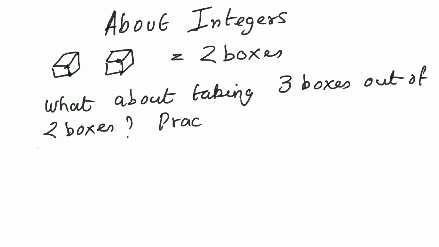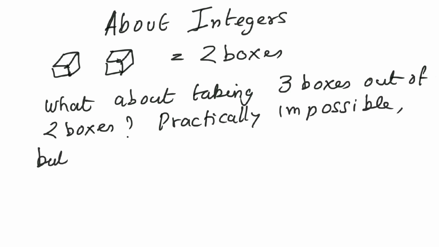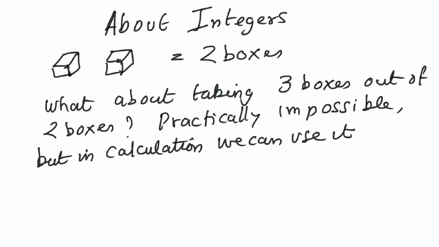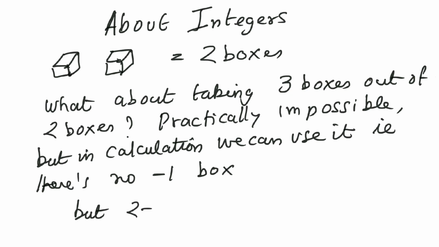So if we can extend the number line to something like negative numbers, it is practically impossible, because 2 minus 3, that is minus 1, is such a box. You can't call a box minus 1 box, because such a thing is simply impossible. But in a mathematical operation, extending the number line to the negative side, we can have minus 1.